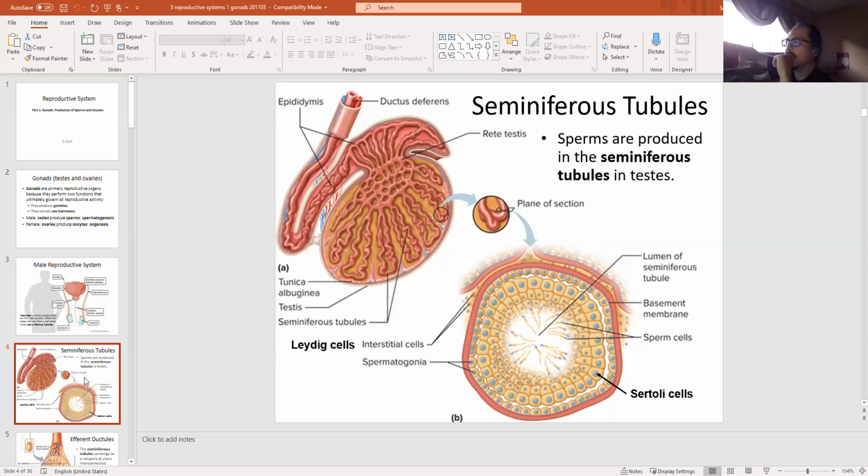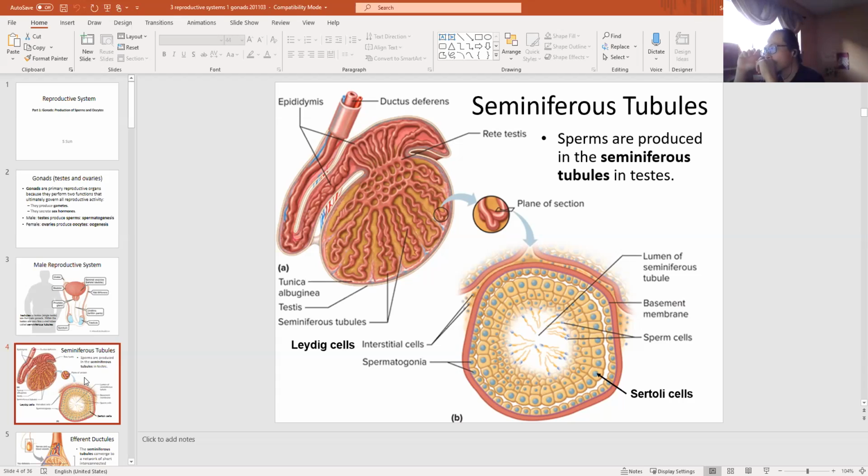Maybe in our third topic, we will talk about pregnancy, and in next week's topic we will further talk about how the X chromosome and Y chromosome affect this development.